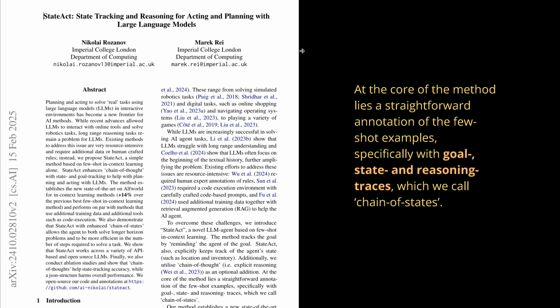Talking about the right paper, I would recommend this from February 2025, State Tracking and Reasoning for Acting and Planning with LLMs, Imperial College London, Department of Computing. They say at the core of their methodology, and they call it the chain of states, there's a straightforward annotation of the few-shot examples with the goal traces, the state traces, and the reasoning traces.